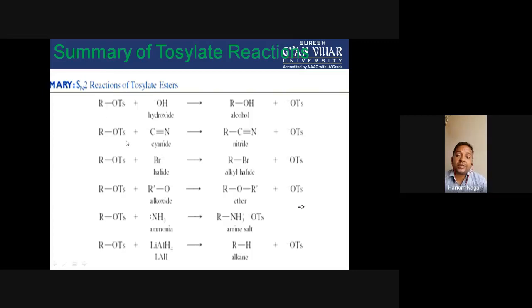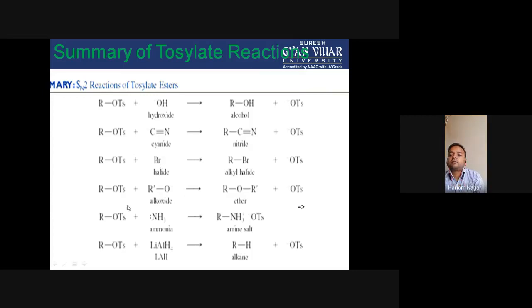Next, ROTs reacts with cyanide, C triple bond N, and OTs is removed by CN minus, forming RCN, an alkyl nitrile. If bromide substitutes the OTs group, alkyl bromide is formed, but we can also take chloride as the halide ion.